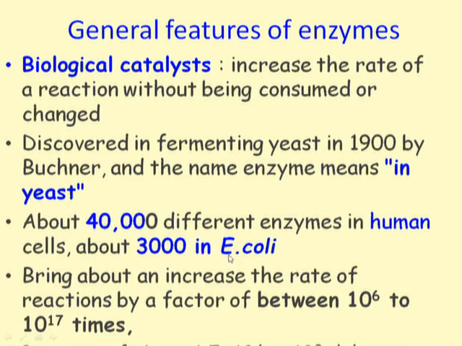The main important feature about enzymes is that they increase the rate of the reaction, anywhere between a factor of around 1,000,000 times faster to 10 raised to 17 times faster than the uncatalyzed reaction.